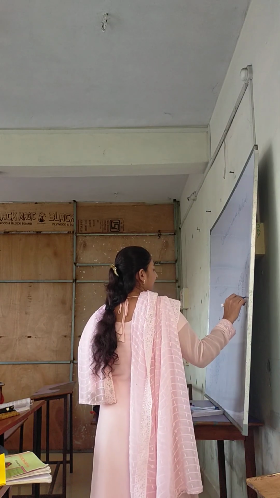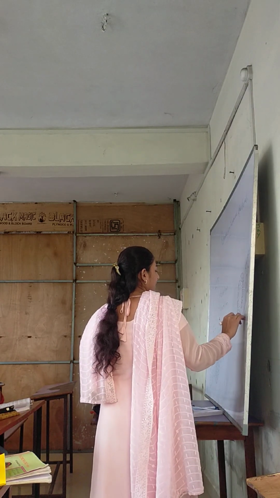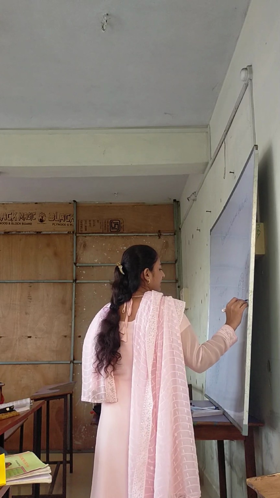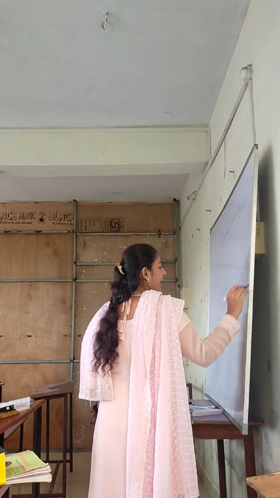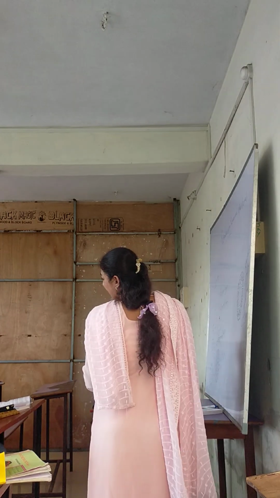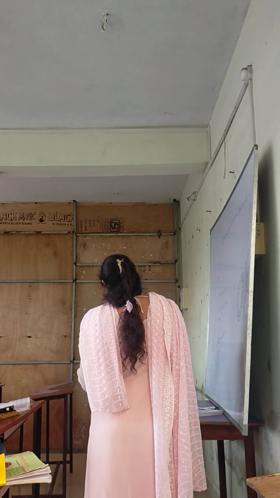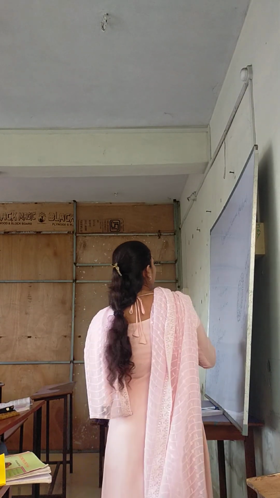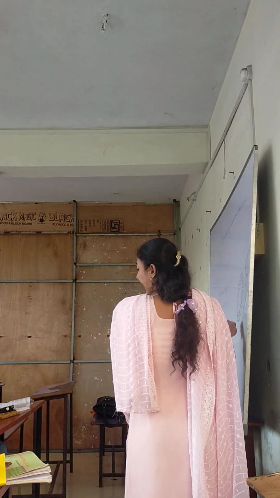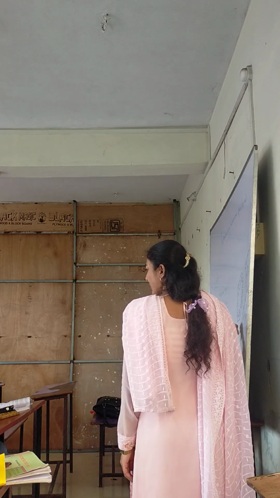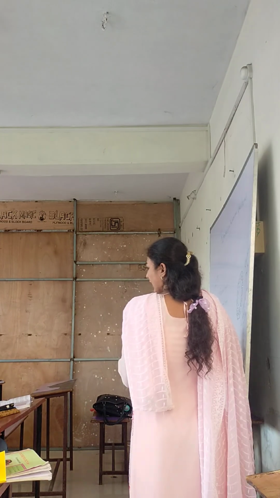Whatever our body organs or organ systems are, they are divided into three different layers: ectoderm, mesoderm, and endoderm. Ectoderm, as the word itself gives the meaning, is the outer covering of the body.